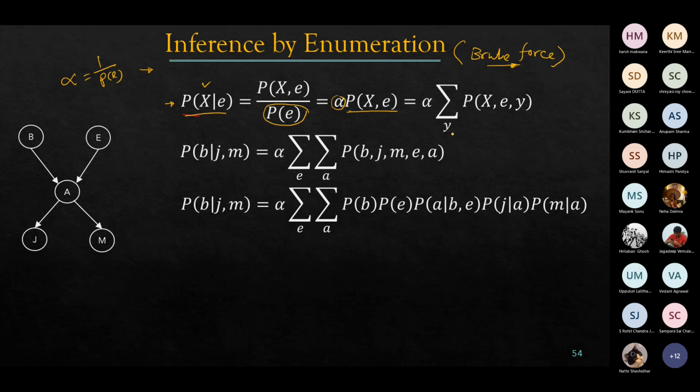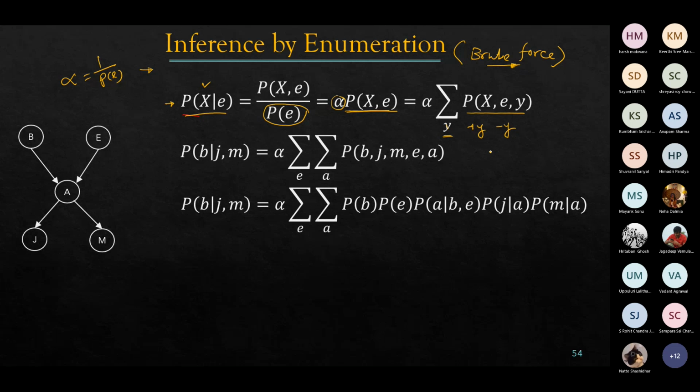Now let's say we have a hidden variable Y. This variable was not there in the query or in the evidence. How do we write this joint distribution? It is basically a sum over Y of the joint distribution P(X, E, Y). If we treat Y as a binary variable, in one case it will be plus y, and in the other case it will be minus y.